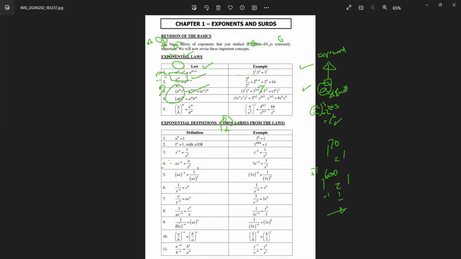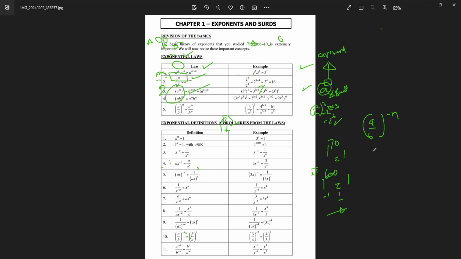Then again, we have this law. These laws also apply to reciprocals. If we have a fraction like a over b to the exponent negative n, this is where you apply the reciprocal.